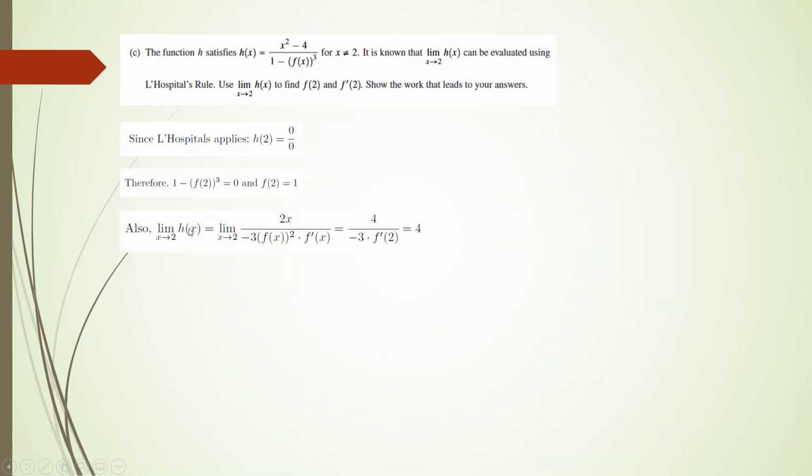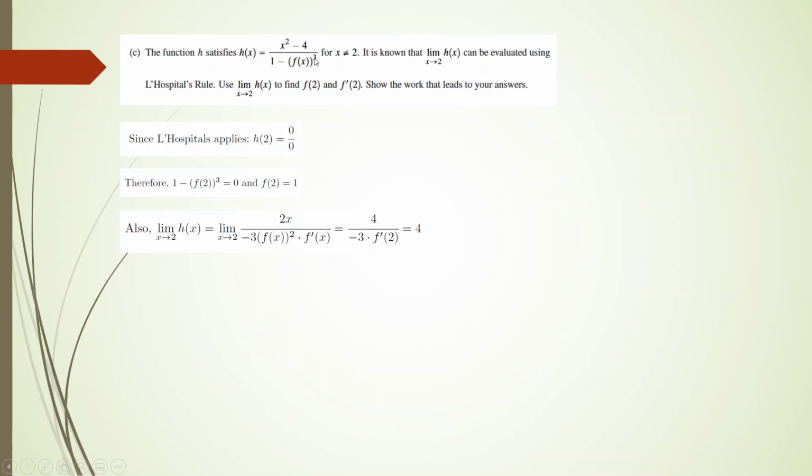We know that the limit of h of x as x approaches 2 should be equal to the limit as x approaches 2 of the derivative of the numerator over the derivative of the denominator. So on the top here, the derivative of x squared minus 4 is equal to 2x. And on the denominator, that's a little trickier. The derivative of 1 is 0, so that's gone. For f of x cubed, you're going to bring the 3 out front, which gives you a negative 3.